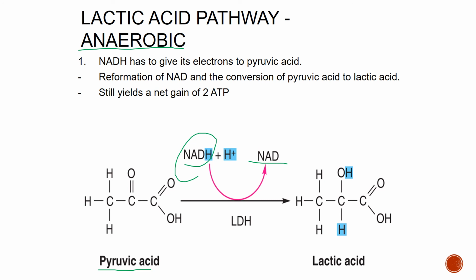When we go through this process, pyruvic acid plus NADH is going to yield lactic acid. As you can imagine, acid is going to produce a byproduct of hydrogens, and that's going to lower the pH over time. Muscle cells can survive for a while without oxygen by using lactic acid fermentation.